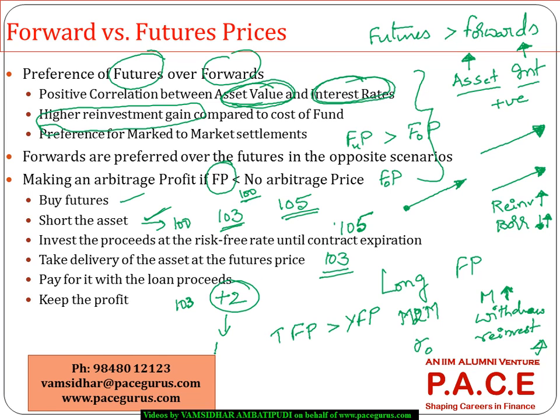That 2 is your no arbitrage profit in this scenario. So this is how we construct transactions when the futures price differs from your no arbitrage price, to lock in your profits.